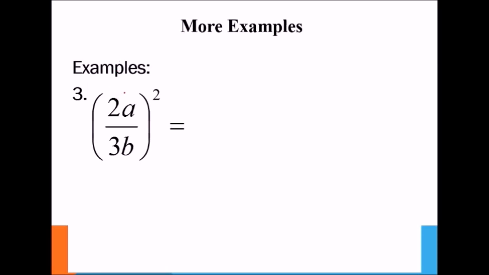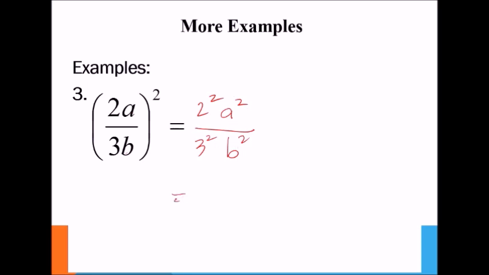So, 2 to the first raised to the second power is 2 to the second. A to the first raised to the second power is a to the second. 3 to the first raised to the second is 3 to the second power, and b to the first raised to the second power is b to the second. When the exponent is 2, you can call it squared. So, 2 squared, a squared, over 3 squared, b squared.